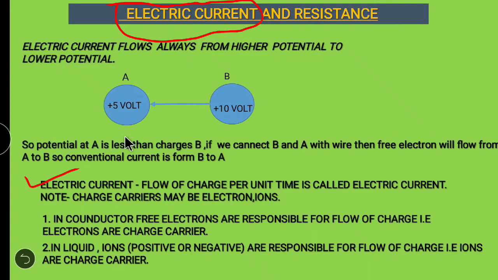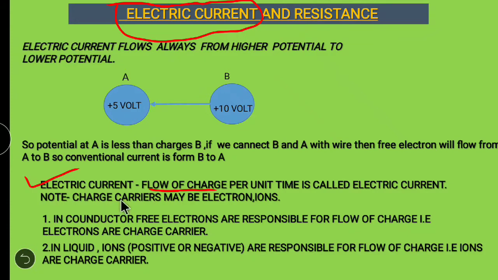Students, you have been taught in class 10 the definition of electric current, that the flow of charge per unit time is called electric current. But in class 10, you were taught that whenever electrons flow, then only current flows.